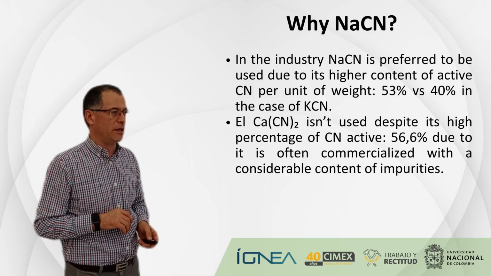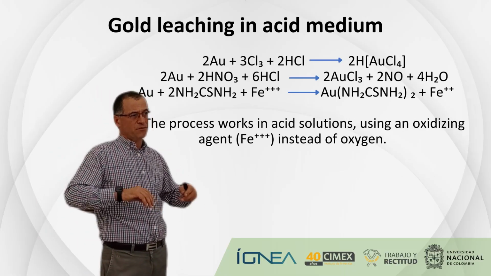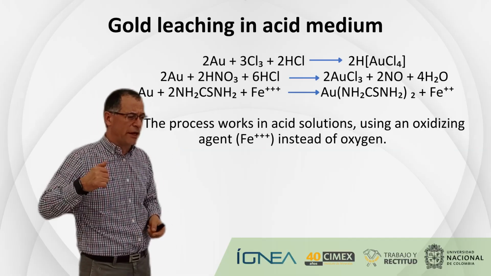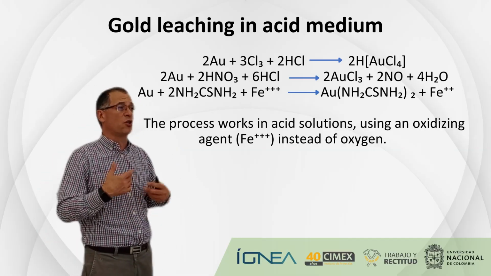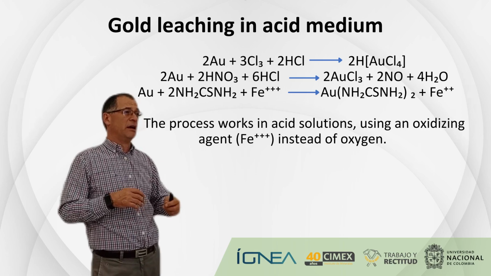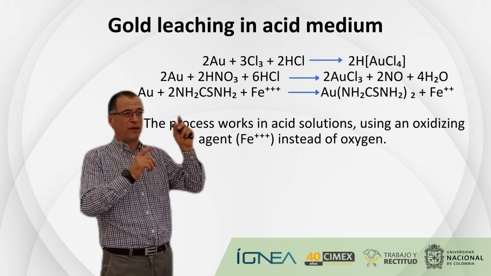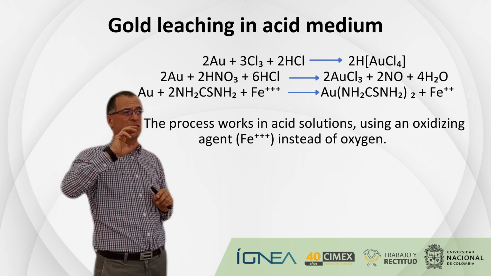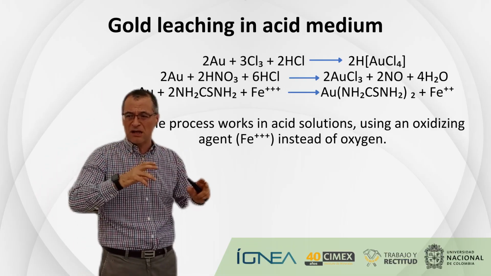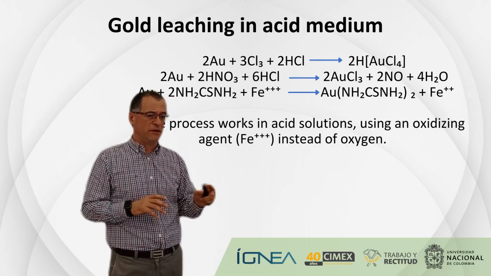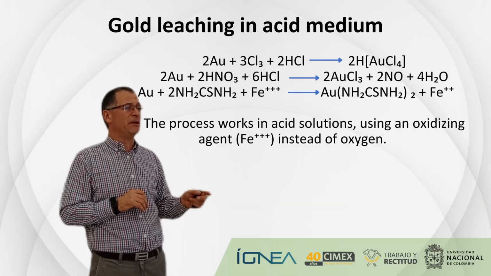Okay, as I told you, the gold could be dissolved in chloride under special conditions, like in aqua regia, because we could create some special elements that would dissolve the gold.